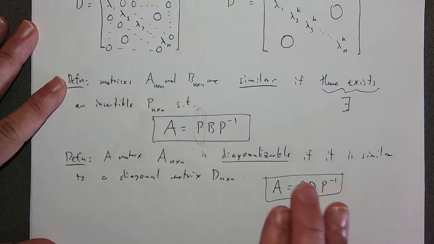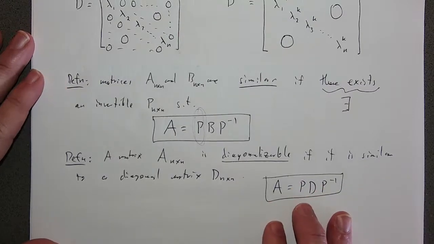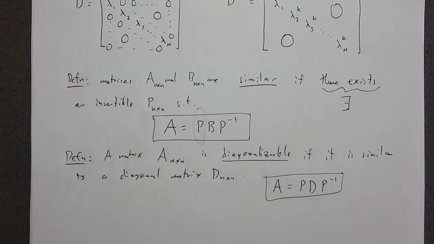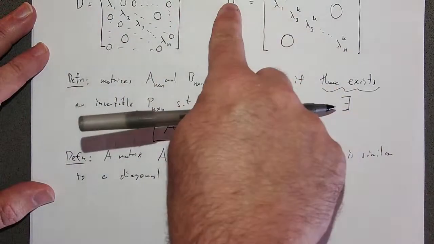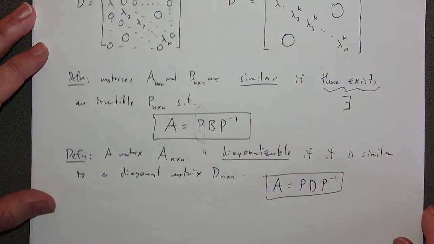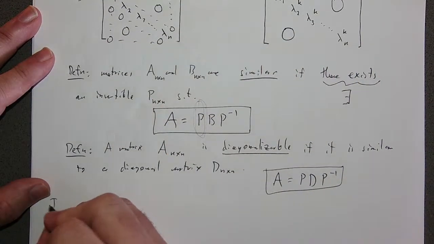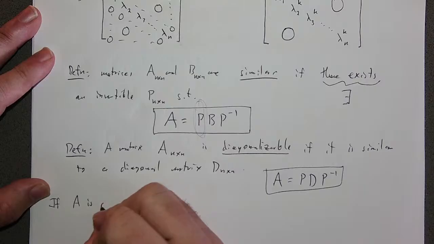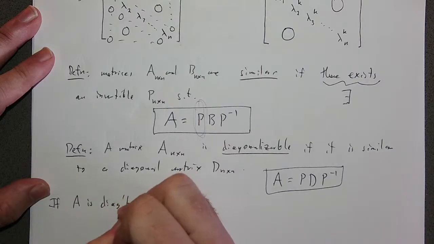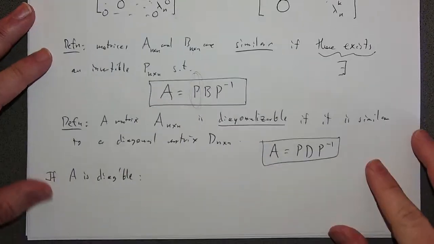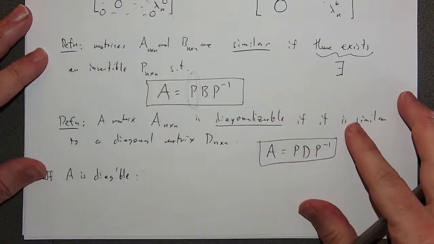Okay, before I go any further, I'm going to immediately say why this is nice. So I'm going to say if A is diagonalizable, I had this statement that, or I still have it on this page, for a diagonal matrix, raising it to powers is very, very nice. If A is diagonalizable, what do I get here?